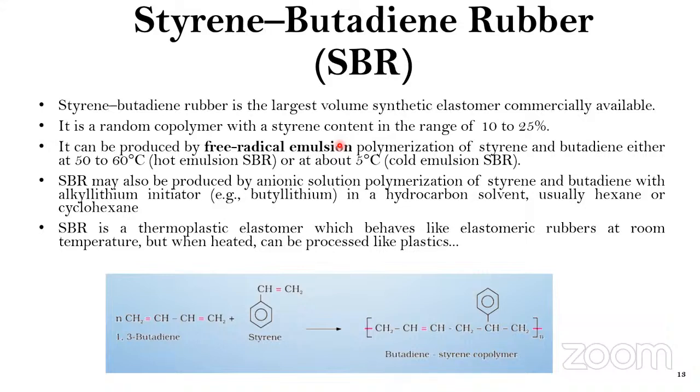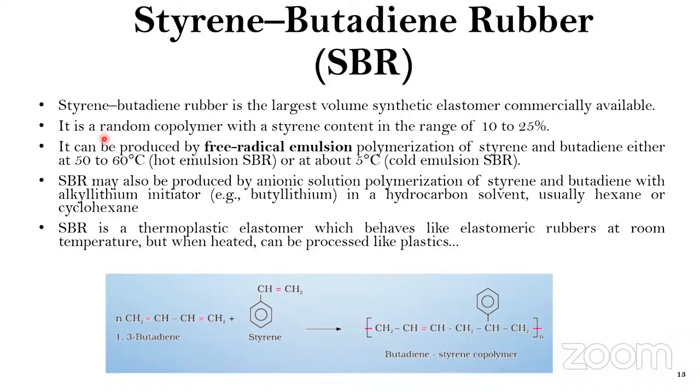In both cases you can find your SBR. But SBR from emulsion has a different application, and SBR manufactured from solution has a different application, because they have different properties as well.